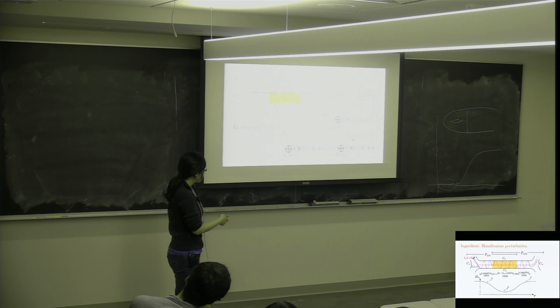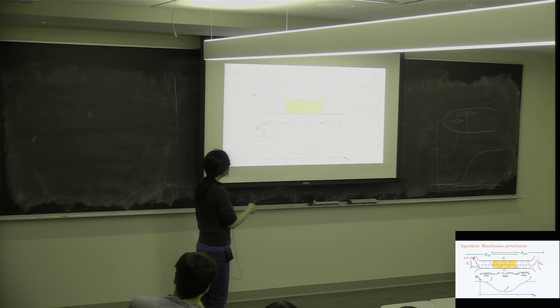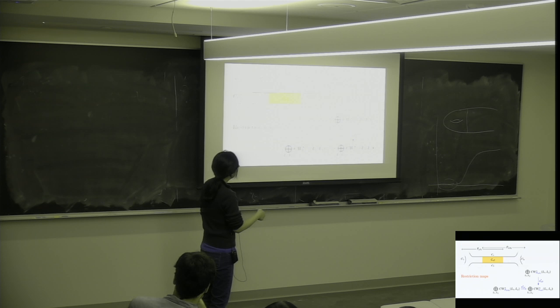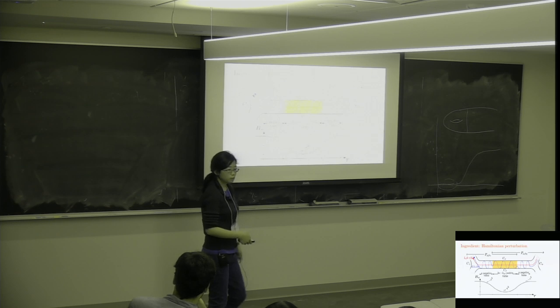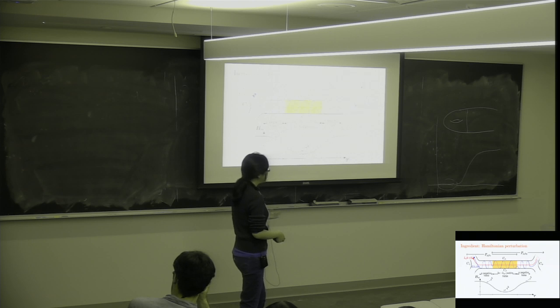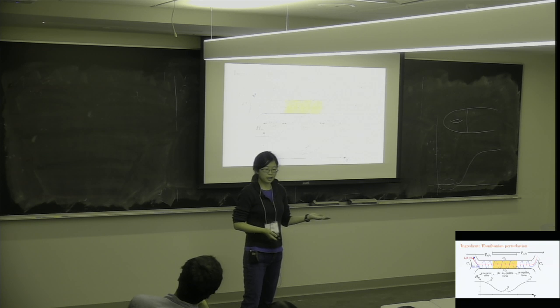So what do we want to know for it to be like a restriction map? We want our restriction map to be compatible with the A-infinity structures.